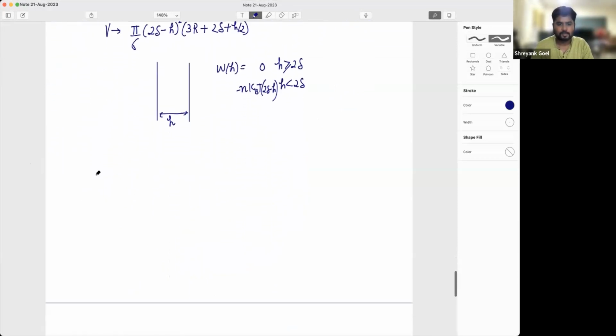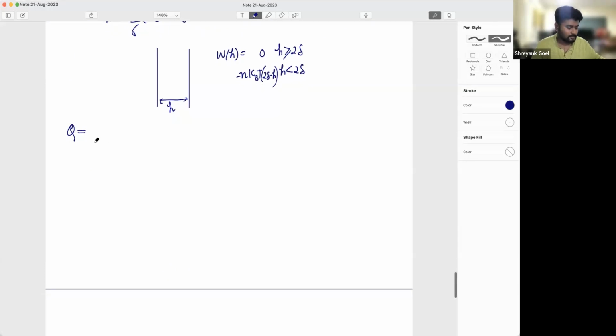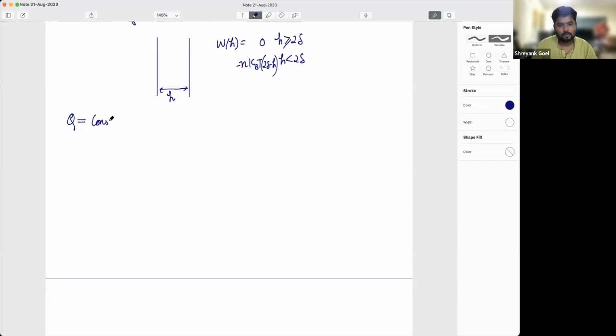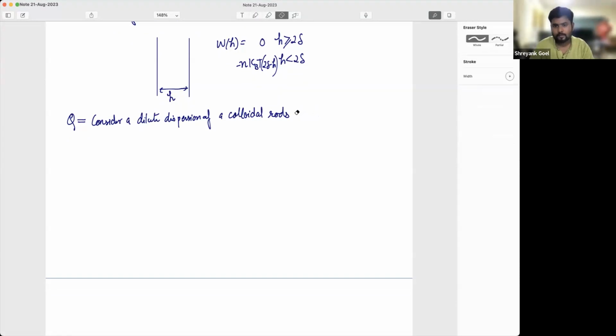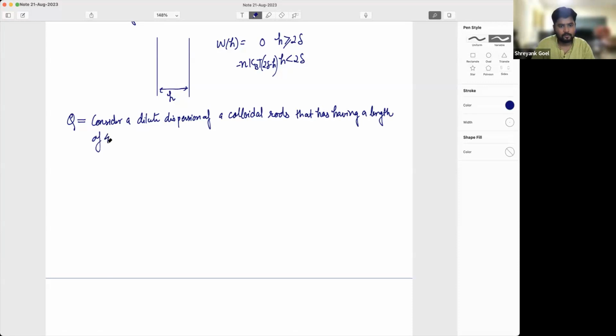Okay, so let's solve one question on it. The question is: consider a dilute dispersion of colloidal rods having a length of 4 micrometer and width 2 micrometer.